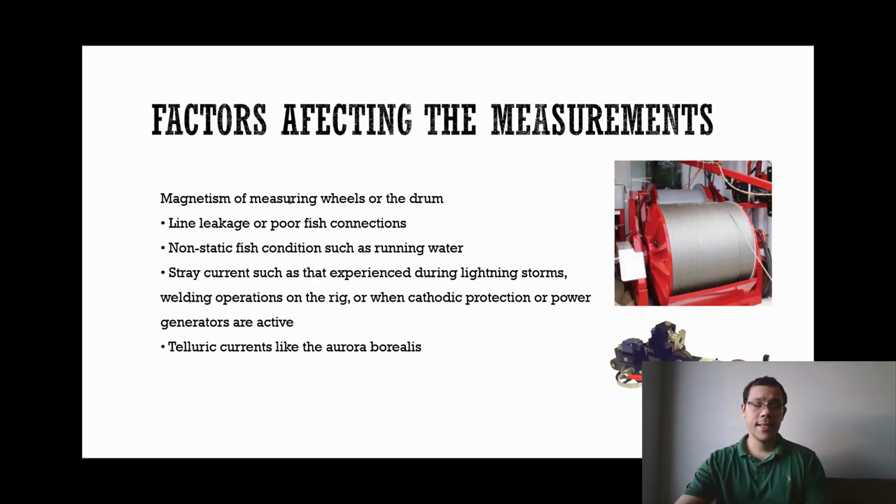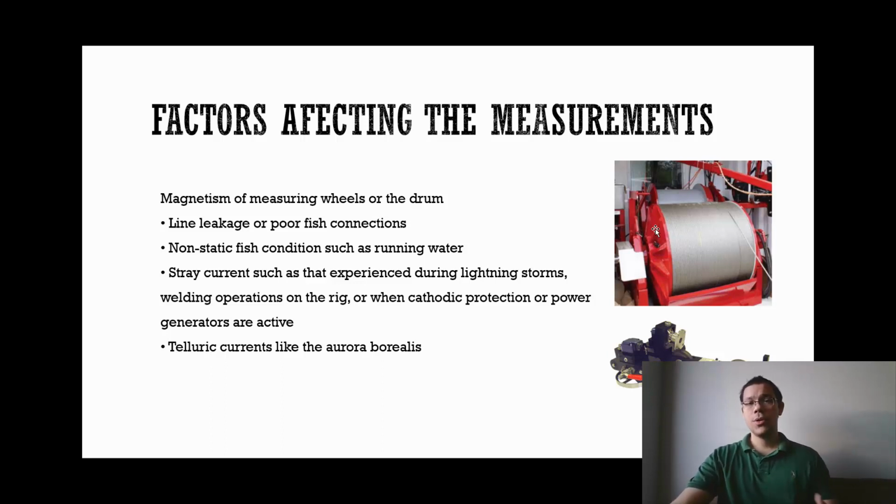I'll start with magnetism of the measuring wheels or the drum. Okay, we're here on this picture. You have a wireline drum with a wireline cable installed. If this drum is magnetized, it's going to ruin your SP.